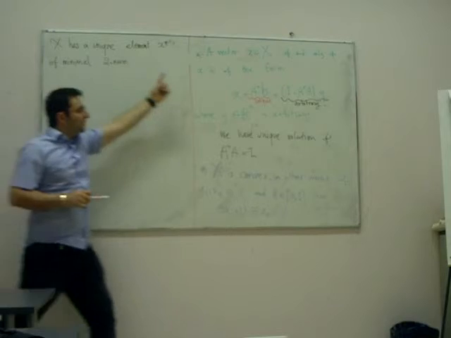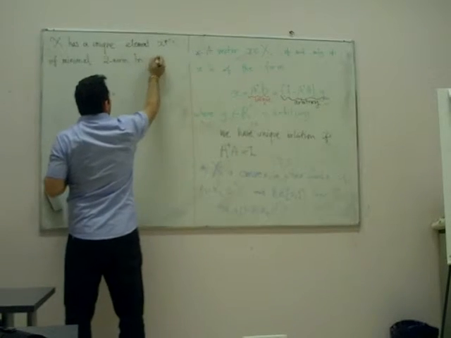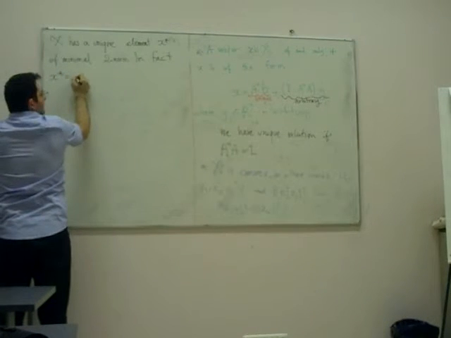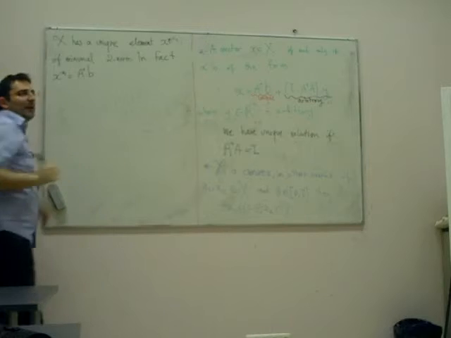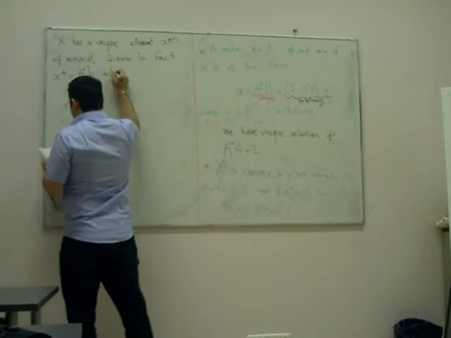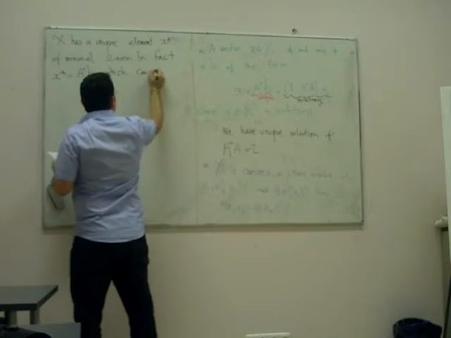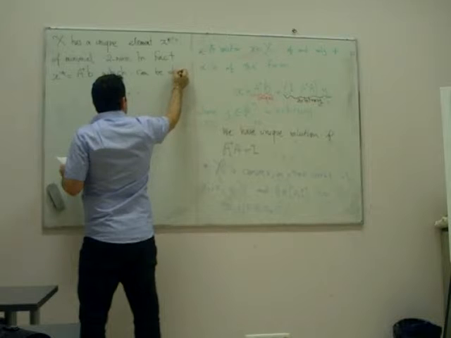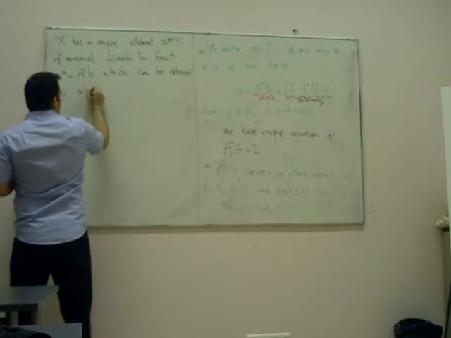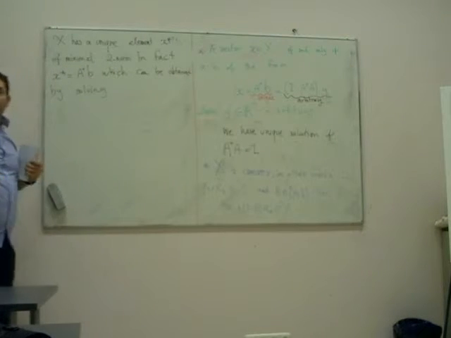Unique. What is unique? A plus B. In fact, X star is A plus B, which can be obtained by solving.